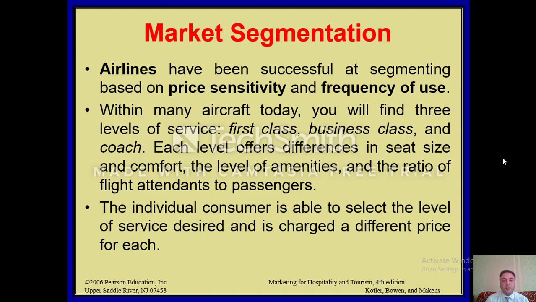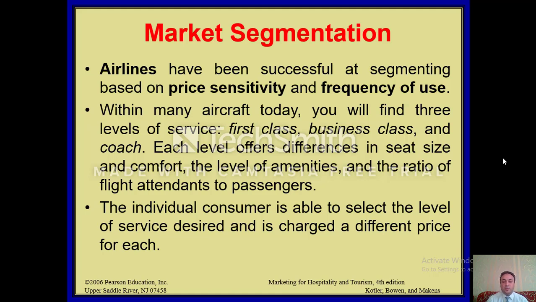Airlines, for example, have been successful at segmenting based on price sensitivity and frequency of use. Within many aircraft today, you will find three levels of service: first class, business class, and coach. Each level offers differences in seat size, comfort, level of amenities, and the ratio of flight attendants to passengers.